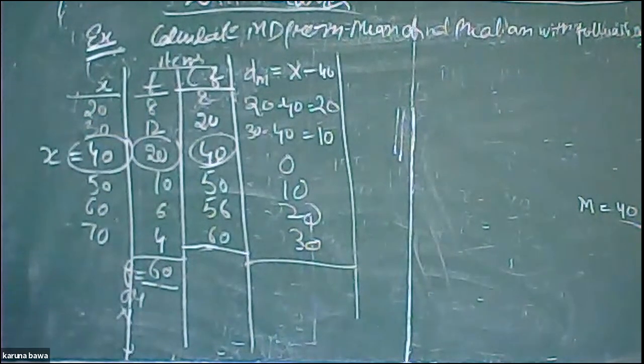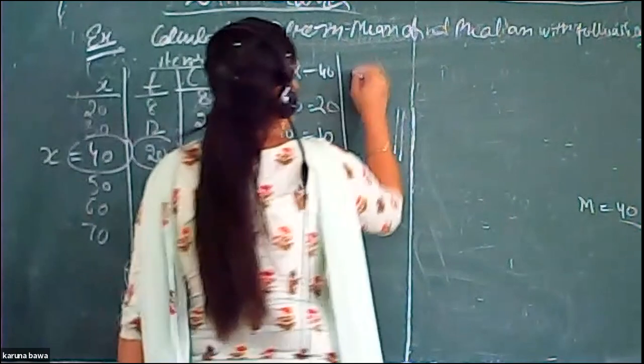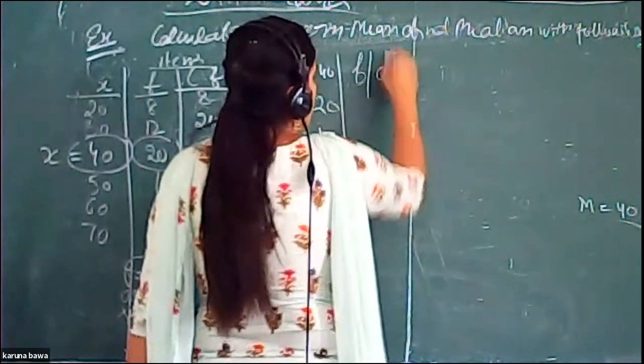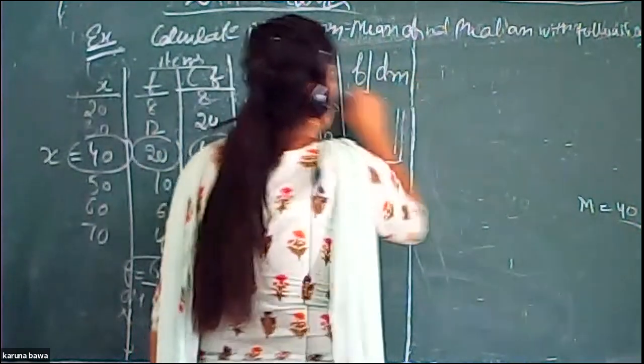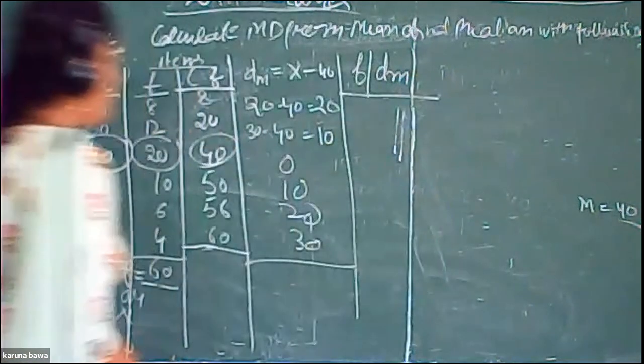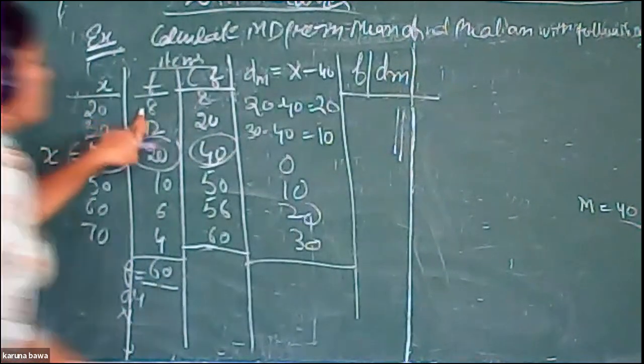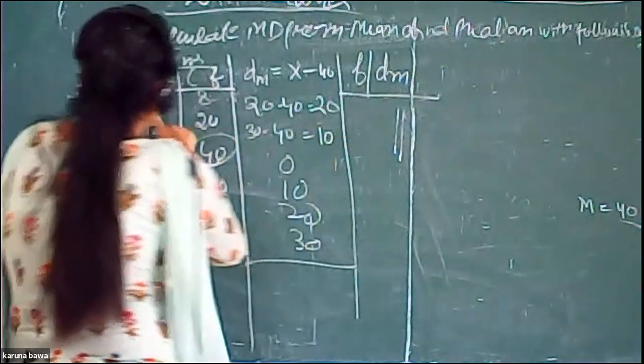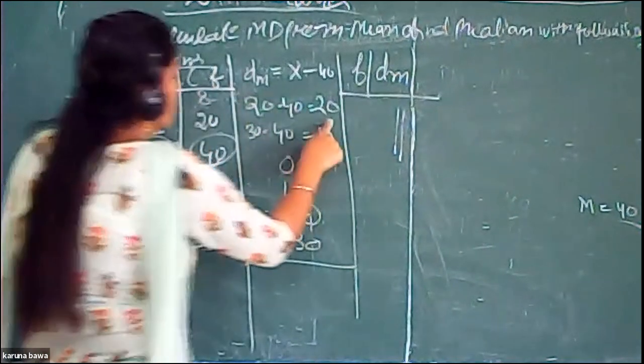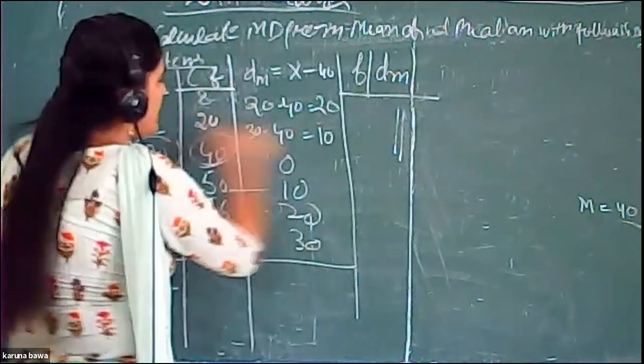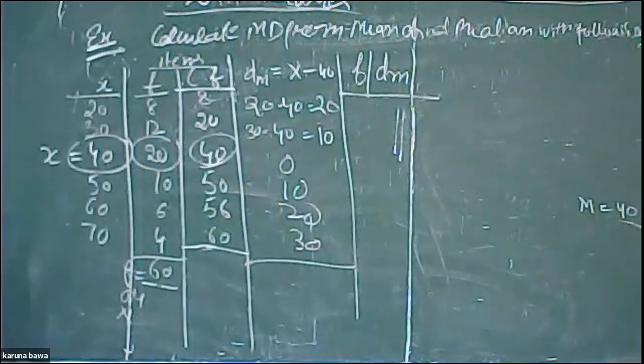So now let's find out the frequency times the deviation. Frequency multiplied by deviation value. 8 multiply 20, that is 160.